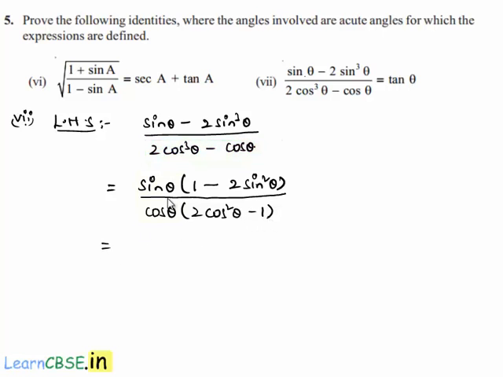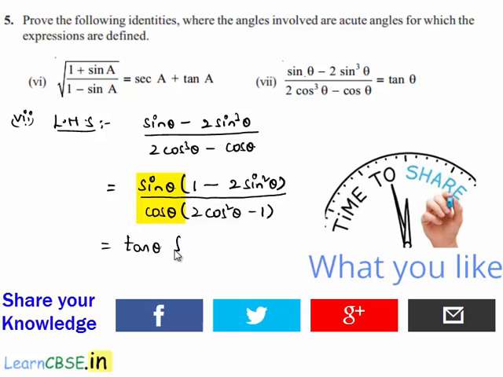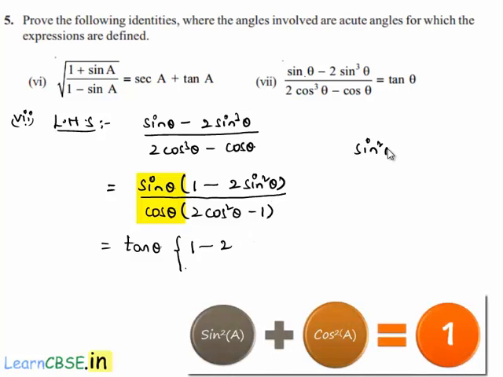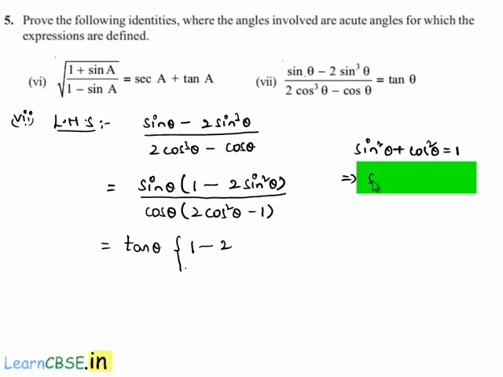That is equal to, if we write sin theta by cos theta separately, then it is nothing but tan theta into 1 minus 2 into, here we have an identity that sin square theta plus cos square theta is equal to 1, which implies sin square theta is equal to 1 minus cos square theta.